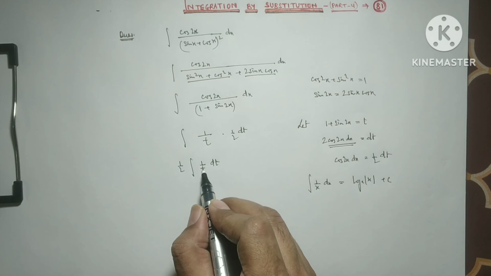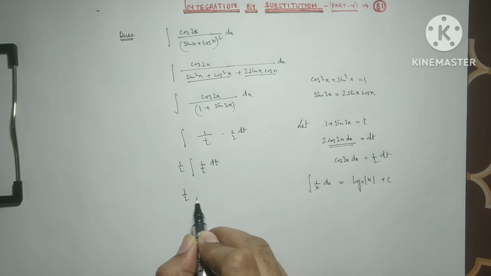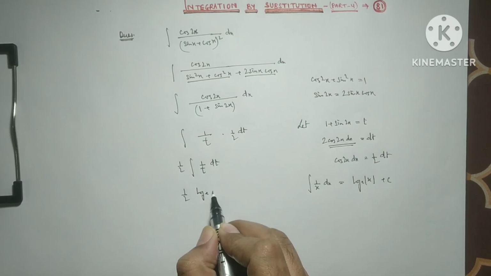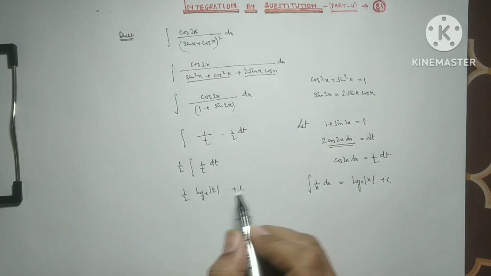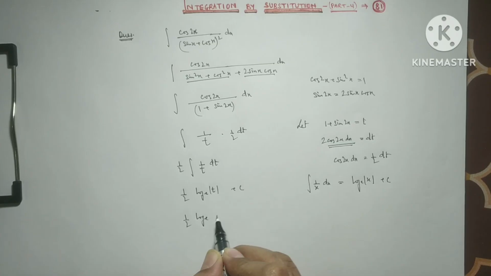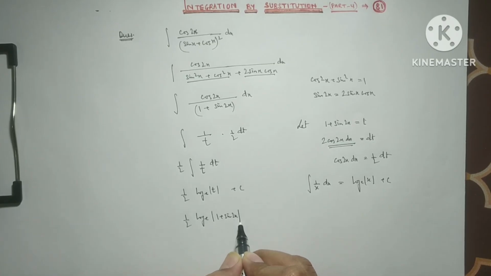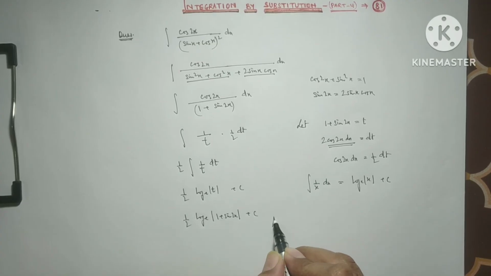So right now we integrate 1 over t with respect to t, so it becomes log t, and we place the value of t, 1 plus sin 2x. So the answer is half of log of 1 plus sin 2x. So this is the answer of this given question.